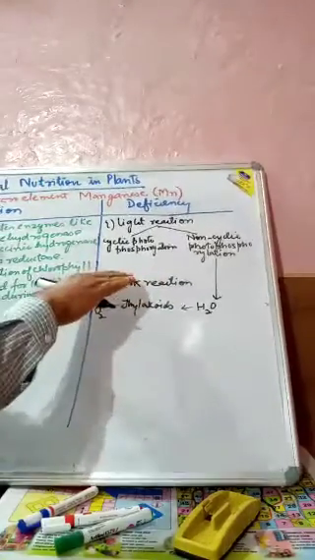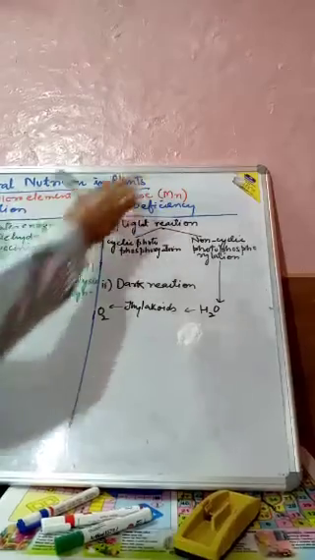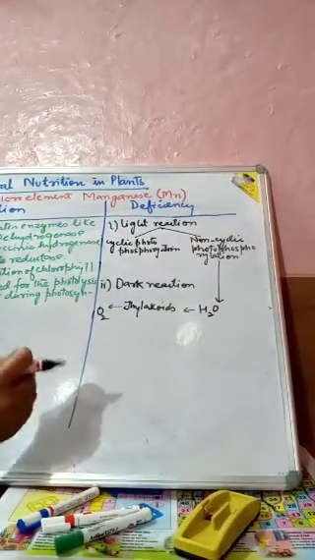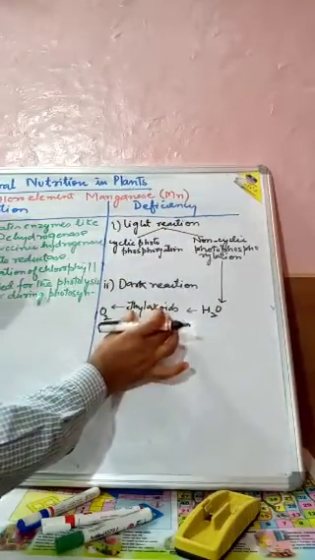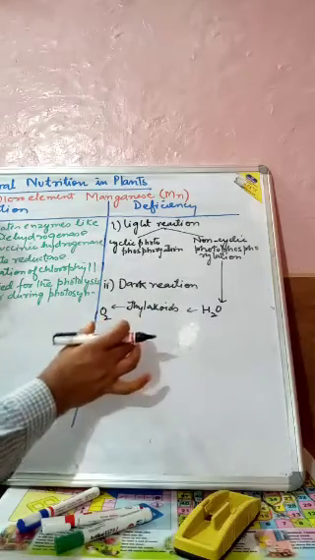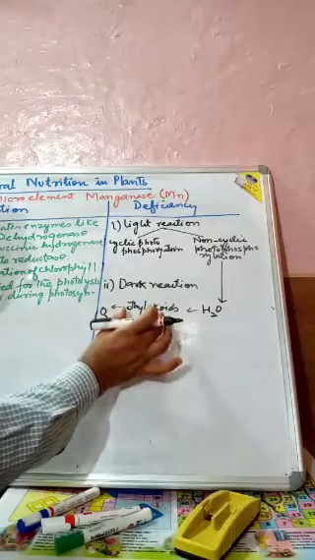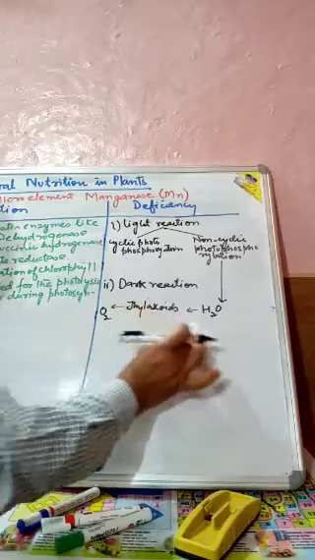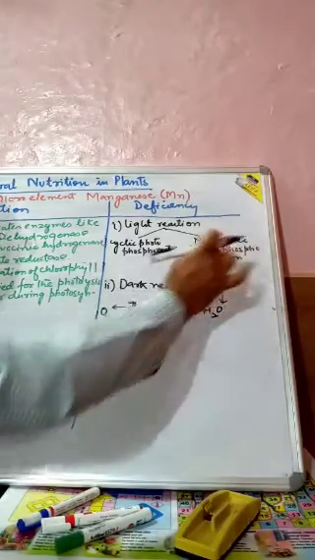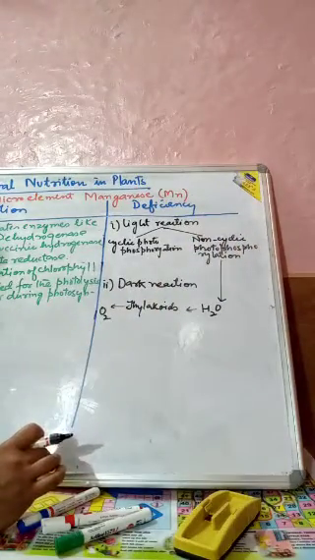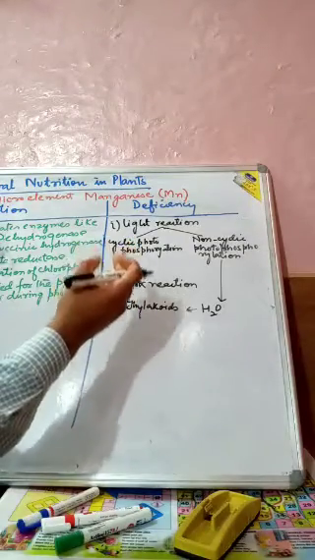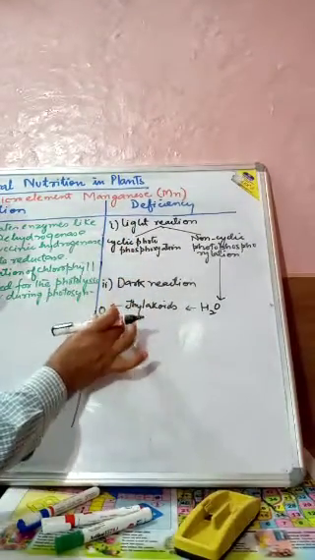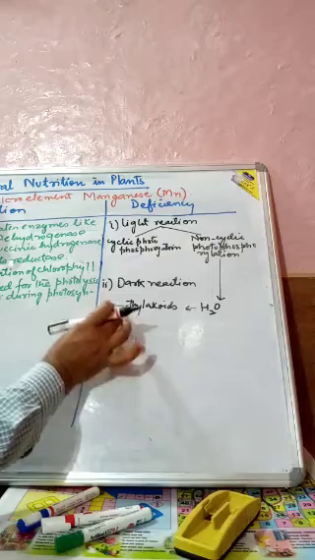So the role of manganese ion is in the thylakoids, during this non-cyclic photophosphorylation of the light reaction, in order to release molecular oxygen.